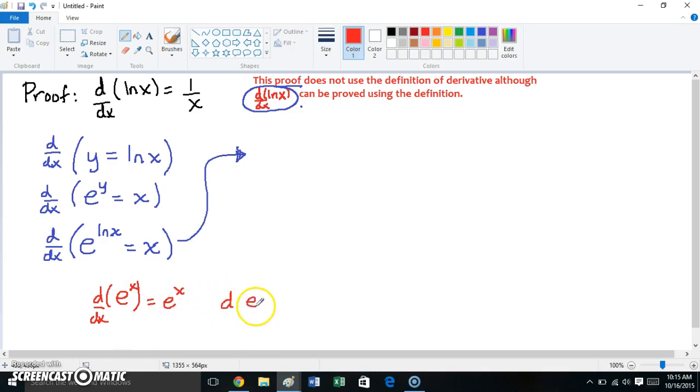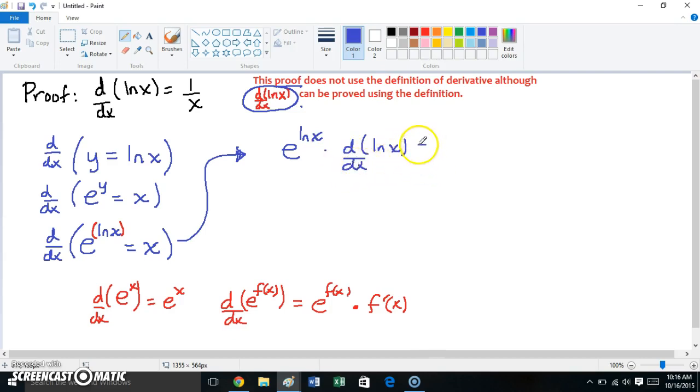The derivative of e to some function with respect to x will be e to the f of x times the derivative of f of x using the chain rule. So we're going to need to use that here since the natural log of x is not a simple x. All right, so taking the derivative of both sides, the derivative of e to the natural log of x is e to the natural log of x times the derivative of the natural log of x.